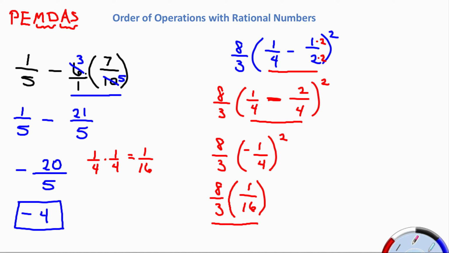Okay, let's just make note of one more thing. What if we had a problem like this? A big giant fraction.